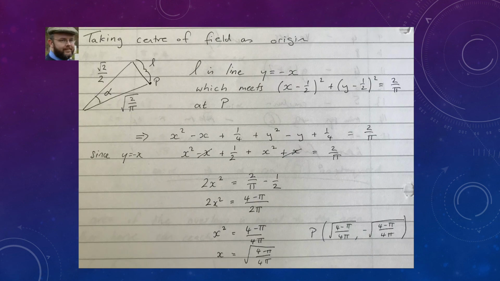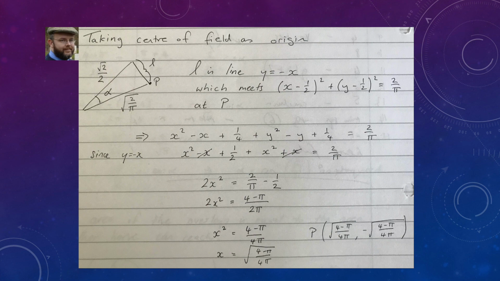So my plan of attack for this is to use a bit of Cartesian coordinates. I'm thinking that the diagonal length obviously is going to be root 2, and so for this alpha that I've got to find, this angle alpha, I can see that I can break this up into a triangle that goes from the corner to the centre, which I'm going to call the origin, the centre of my field.